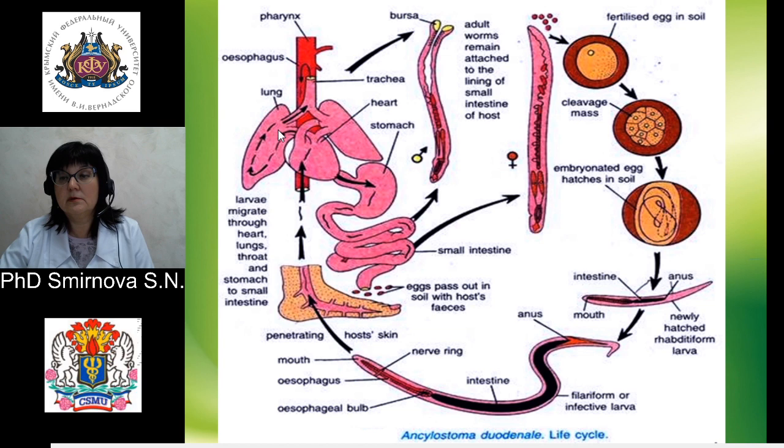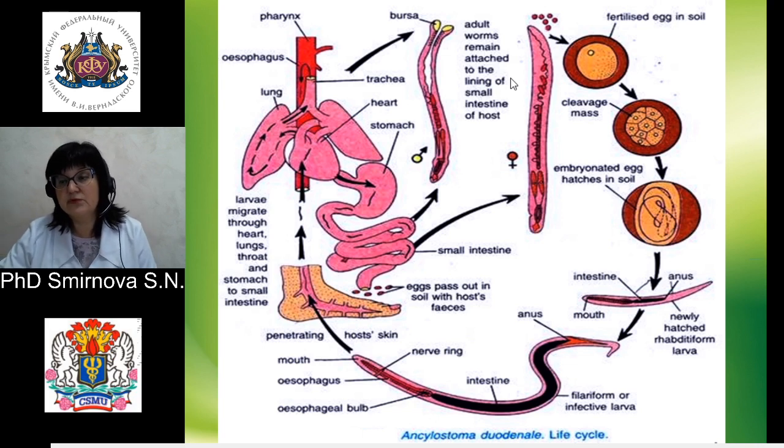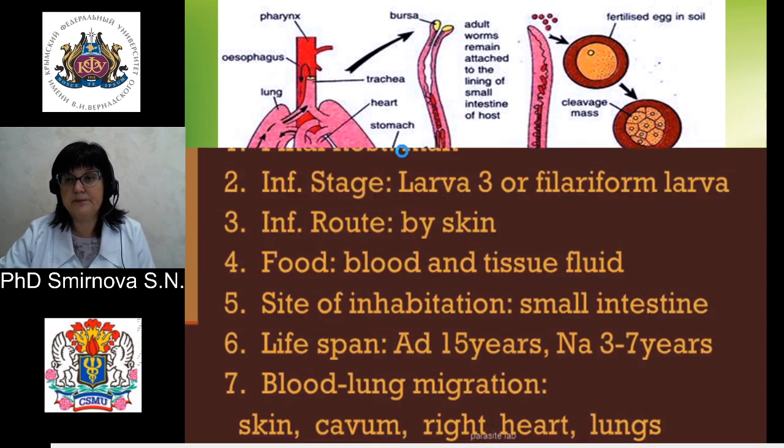The adult form moves to the small intestine. After fertilization, the female produces eggs, which can move with feces to the environment, and then the life cycle closes.